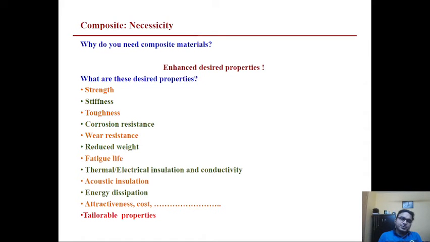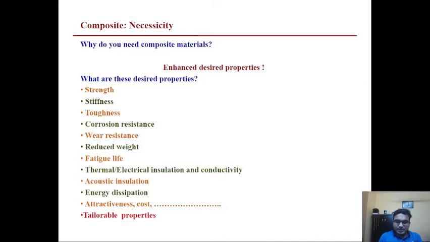Now let's get into detail on why composites are necessary even today. The main reason we use composites is their enhanced desired properties. And what are these desired properties?